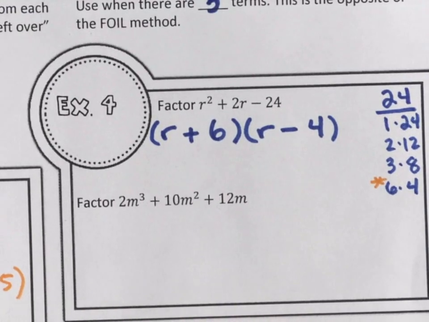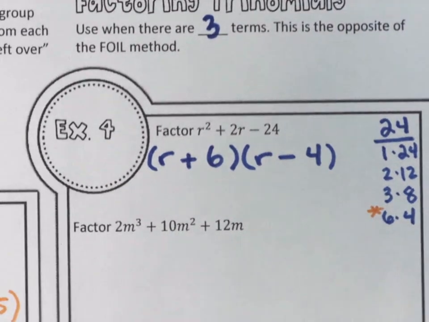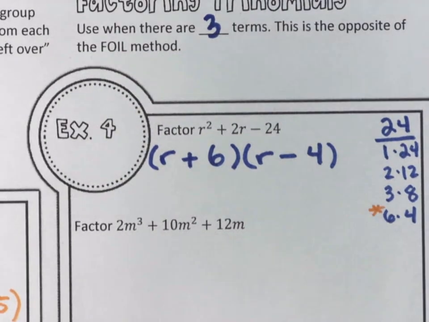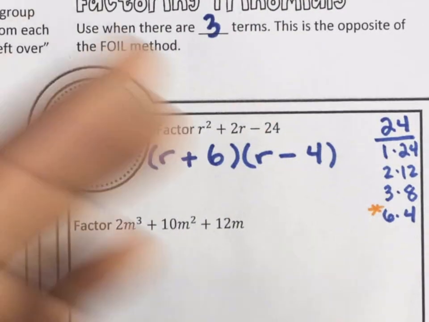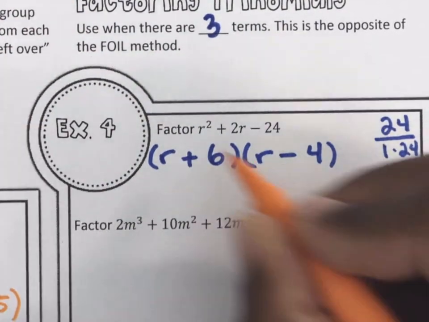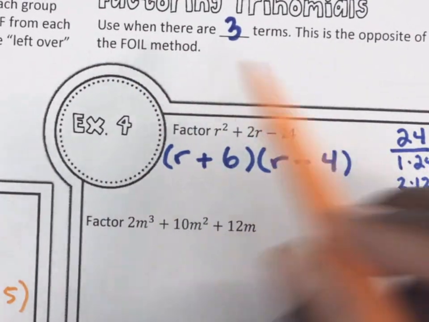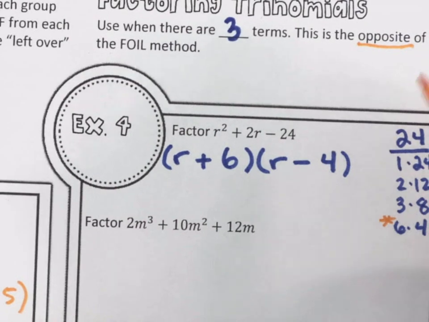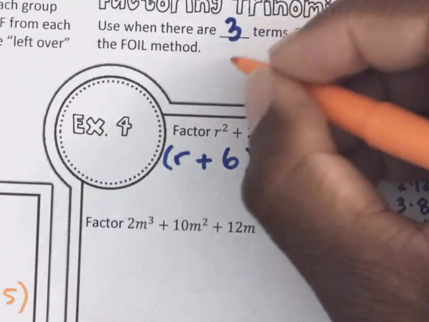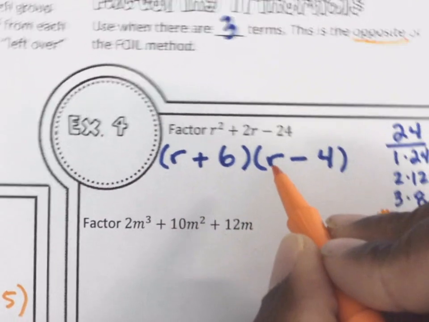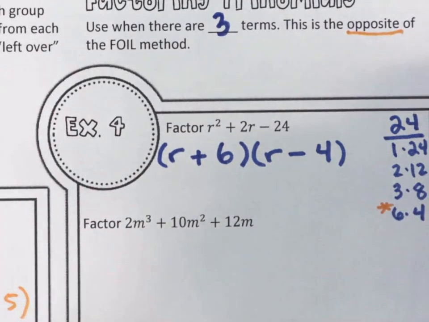Some of you will want more detail, so we could write some stuff in here. You don't have to write this if you remember it, but some of you will want a little definition when you go work. So what we did was we had 3 terms, so we were going to do the opposite of foiling, which is factoring. Obviously, first times first, just put your R's there.